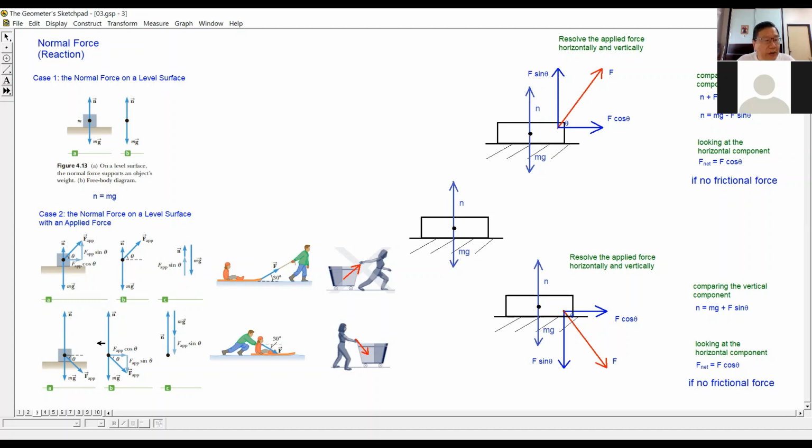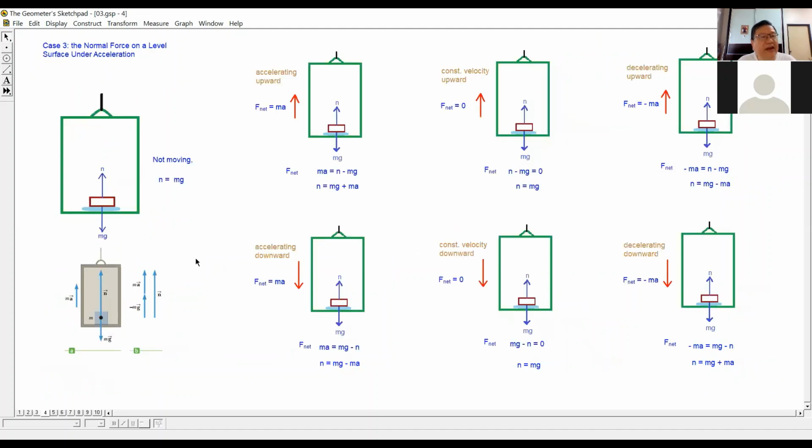Now we are going to the next case, the normal force inside a lift. The green box is actually the lift, and the object is inside the lift.